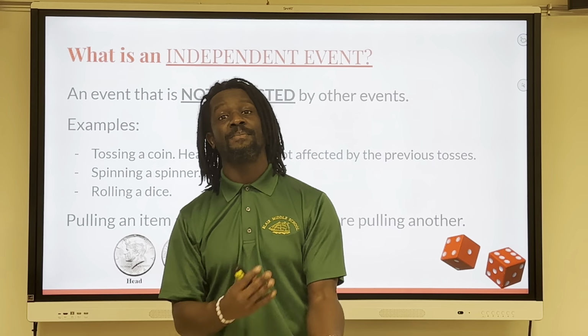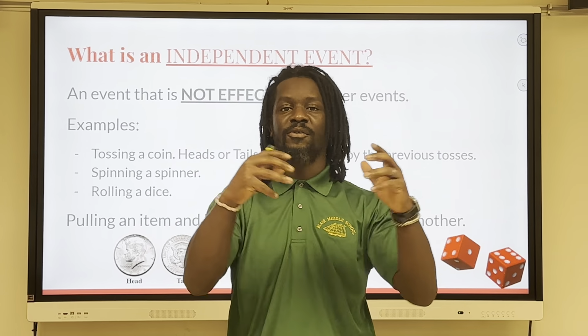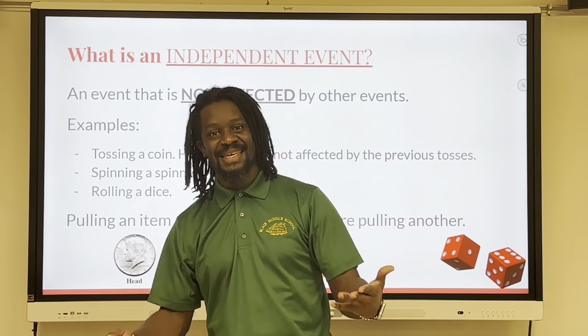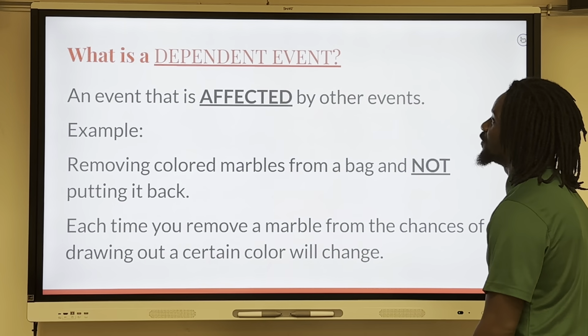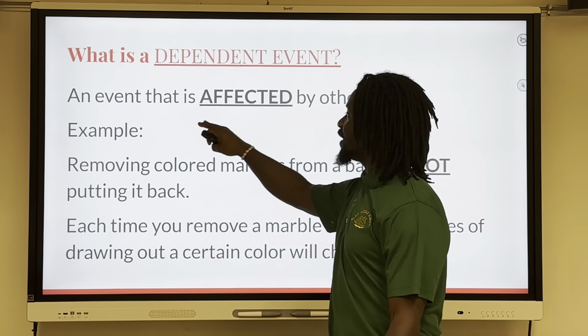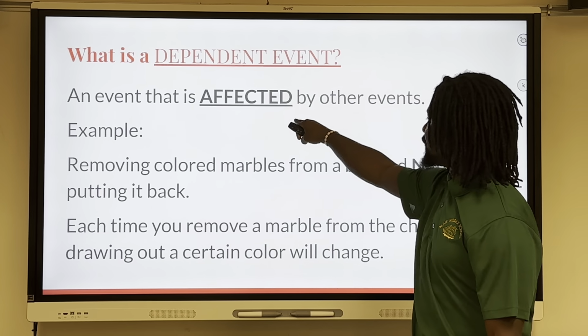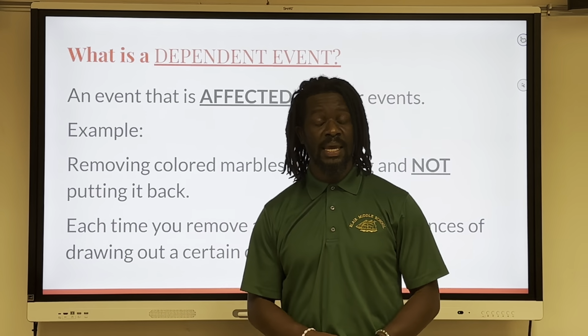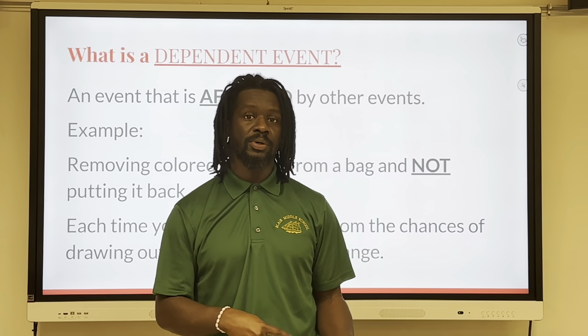So if that is independent, you should be thinking to yourself, well, the opposite of that is dependent, and that's exactly right. A dependent event is an event that is affected by other events, okay? So let's go back to the marble example.